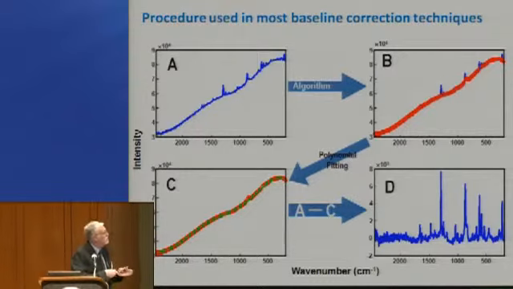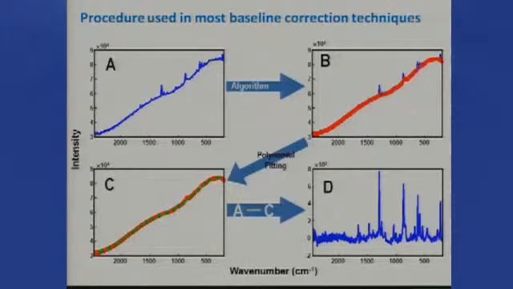Okay, so going back to the slide that I was talking about before, the typical algorithm will calculate a baseline in some way and subtract that baseline from the spectrum, leaving yourself a baseline corrected spectrum. This is a generic slide, but there are many ways of doing this.